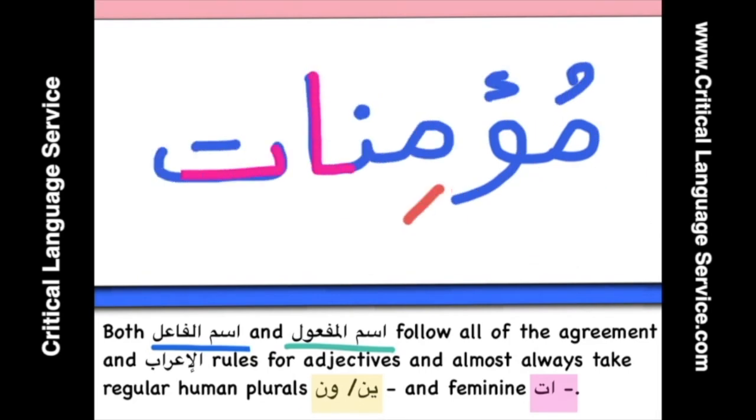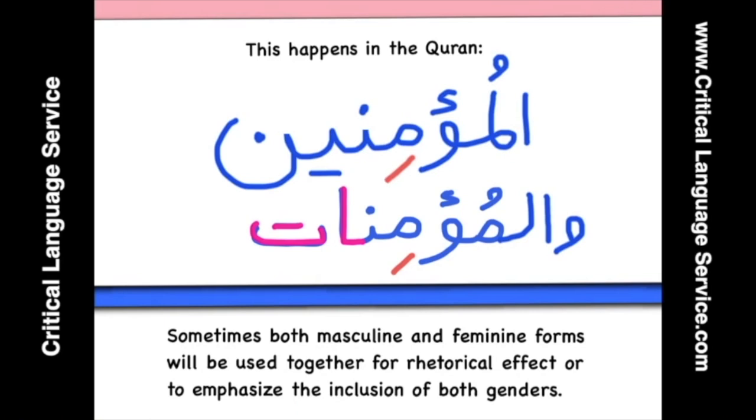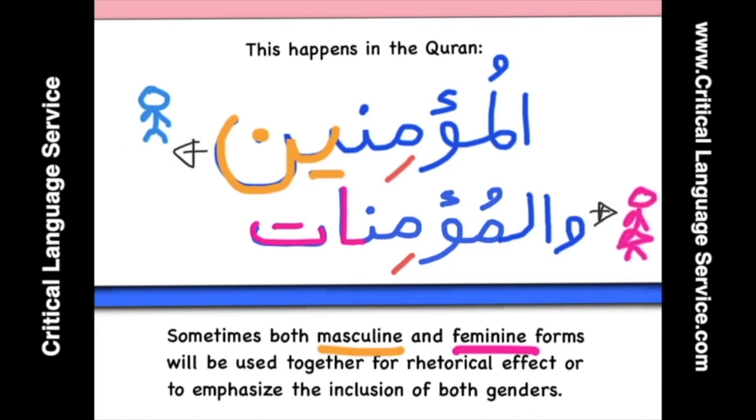Mu'minat is a word that you'll come across a lot in religious texts, especially in the Quran, because usually when the Quran is addressing the believers, it will start the sentence with أيها المؤمنين والمؤمنات. Now, this means the believers, and they're both human plurals. The difference is mu'minin is encompassing all of the male believers, and mu'minat is encompassing all of the female believers.